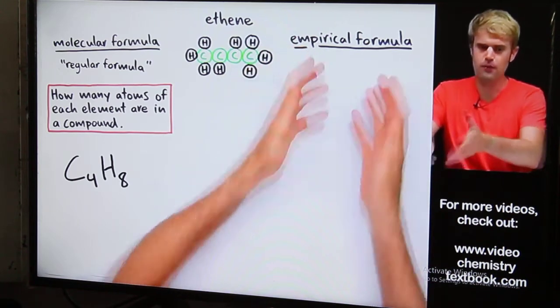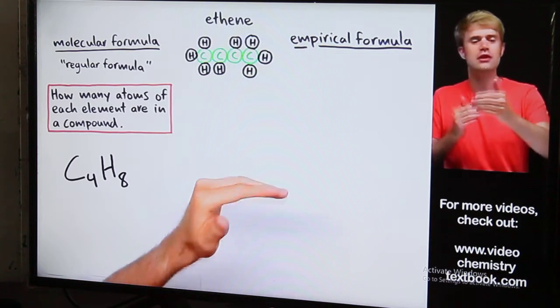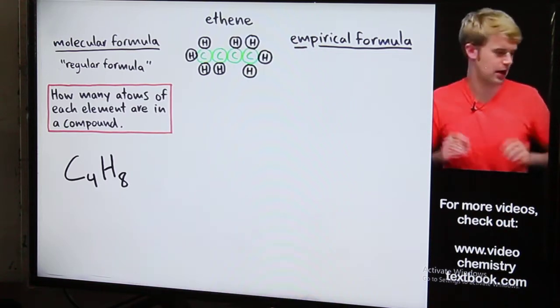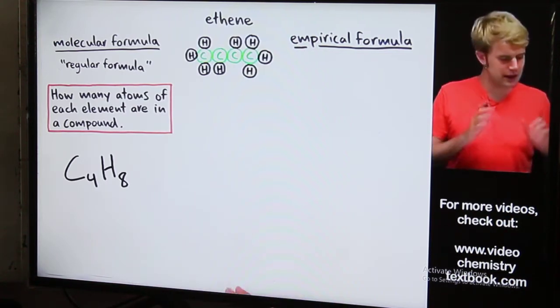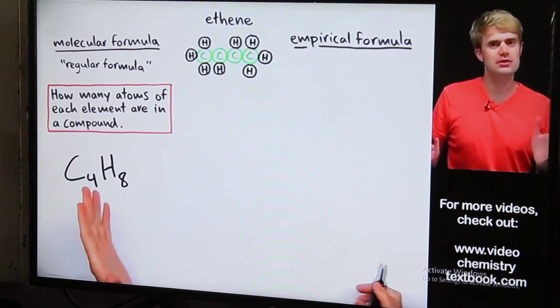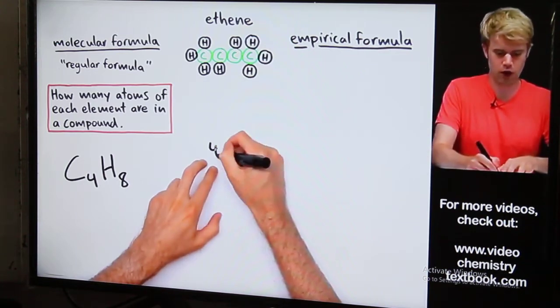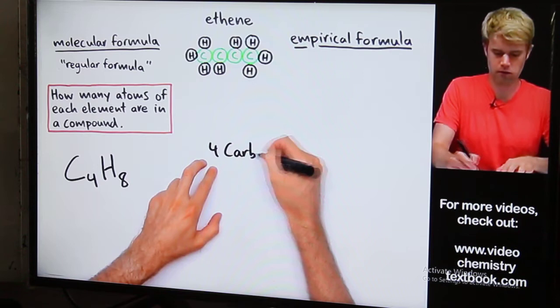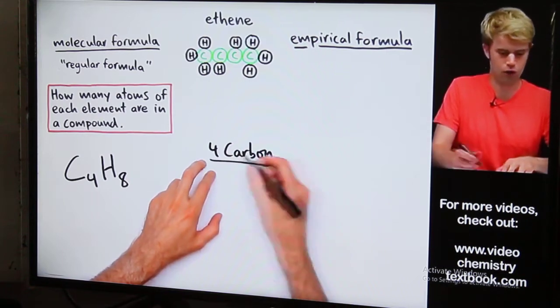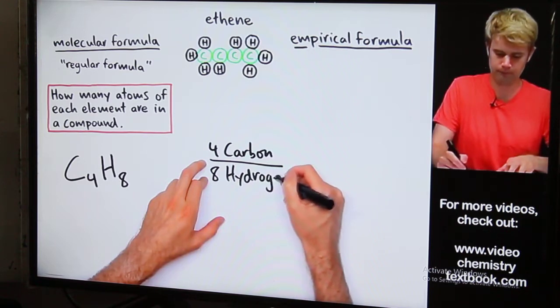Now, empirical formula over here is all about the ratio of different types of atoms in a compound. So here we have 4 carbons and 8 hydrogens. Let's write this as a fraction or as a ratio. So we've got 4 carbons over 8 hydrogen.